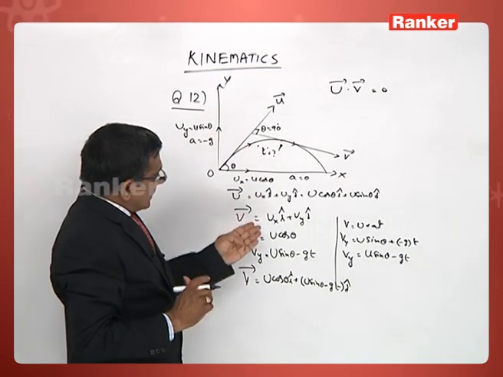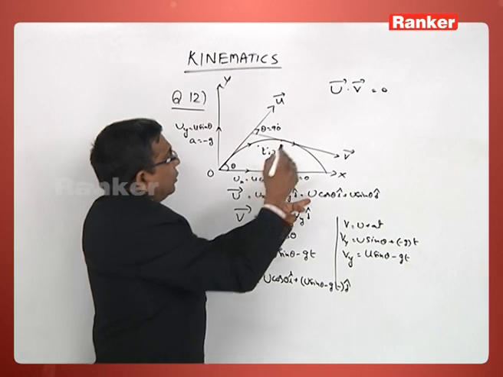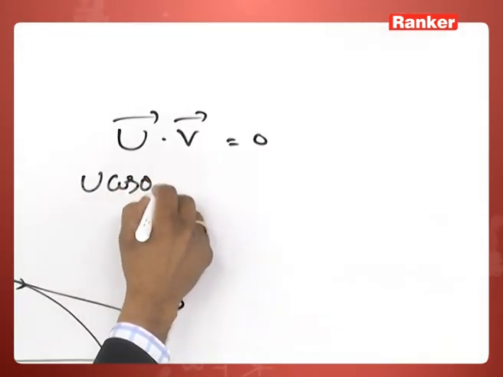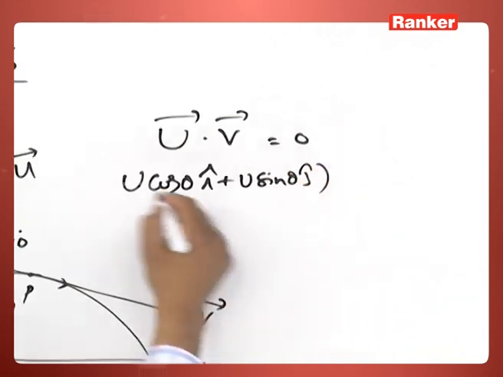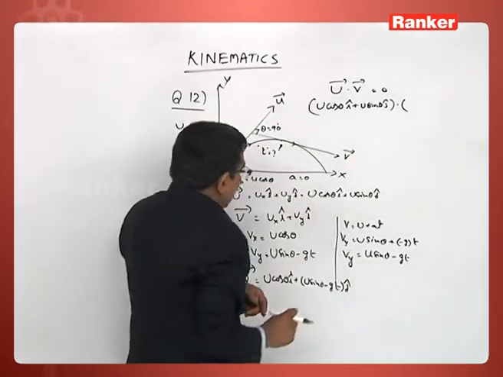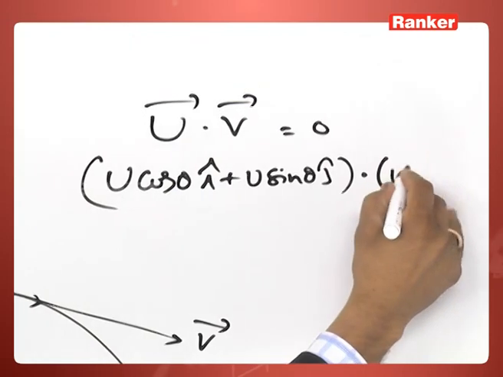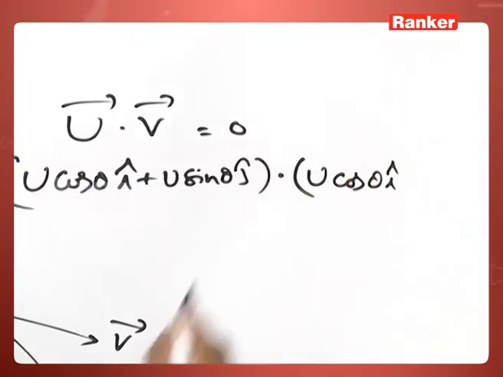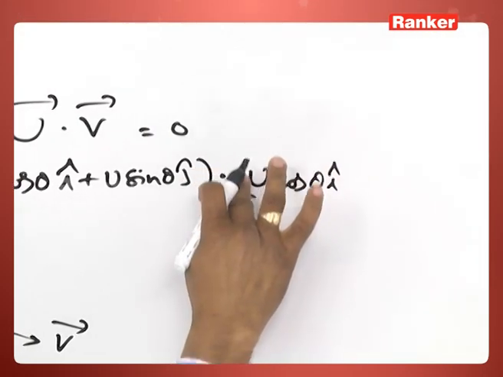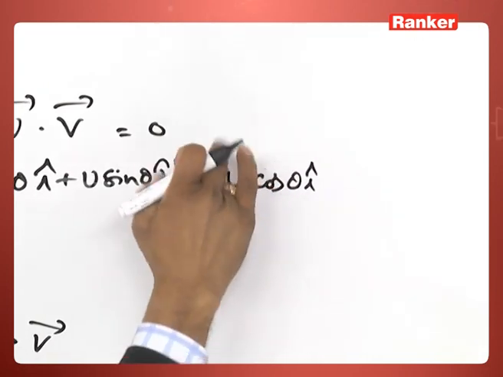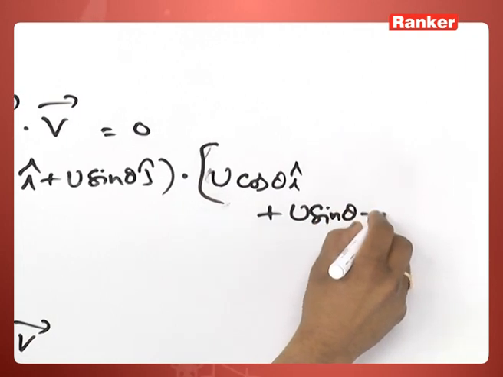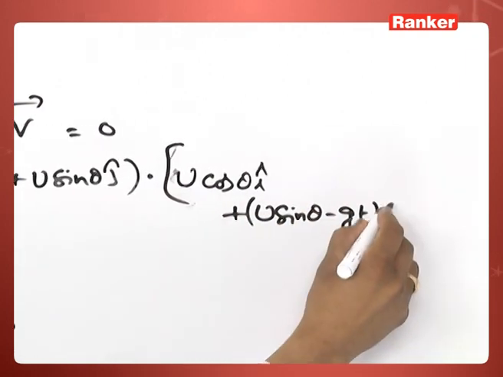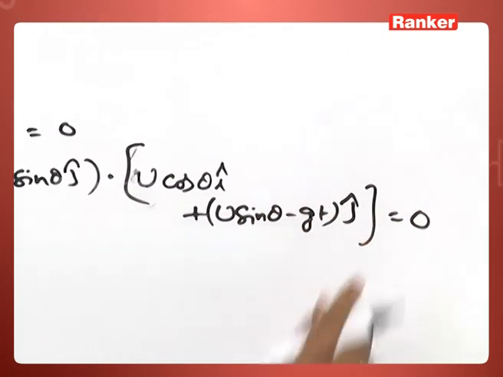As you know, the velocities in the vector form, here u is u cos theta i cap plus u sin theta j cap, dot, what is final velocity? u cos theta i cap plus u sin theta minus gt j cap, is equal to 0.